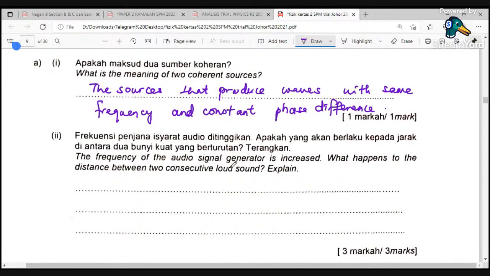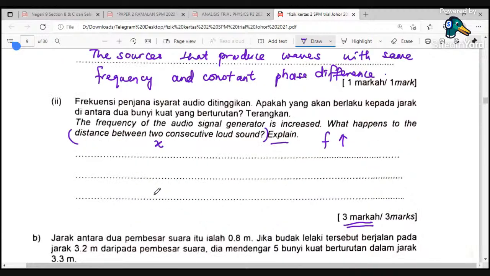Okay. Beza fasa yang sama. Okay. Frequency of the audio signal generator is increased, f increase. What happens to the distance between two consecutive loud sound, which is x? Explain. Tiga markah di sini.